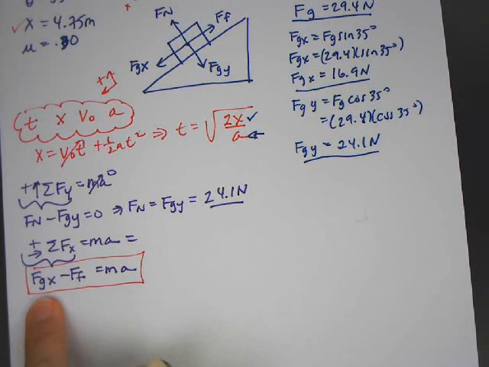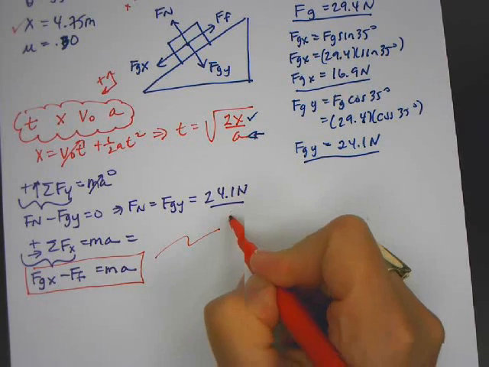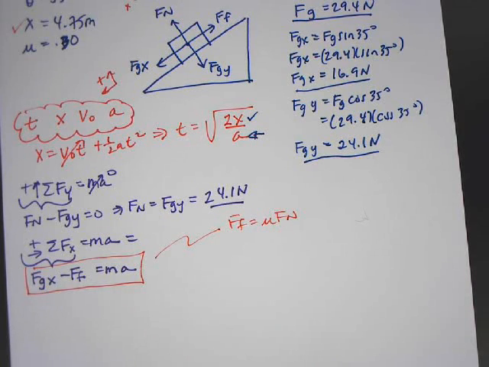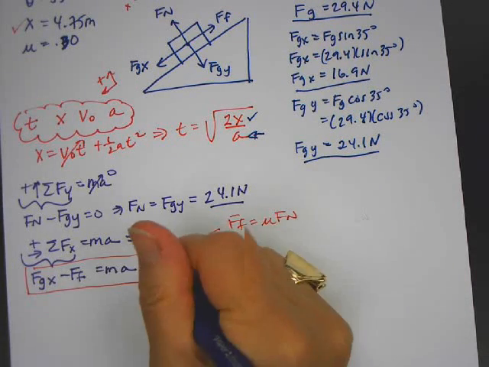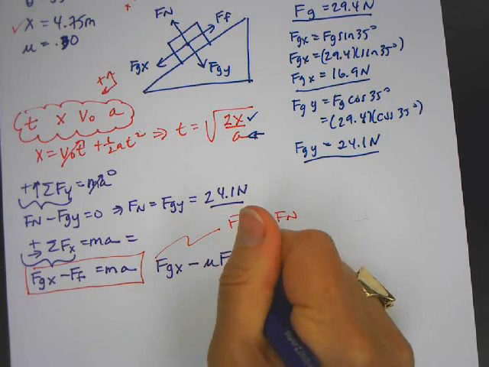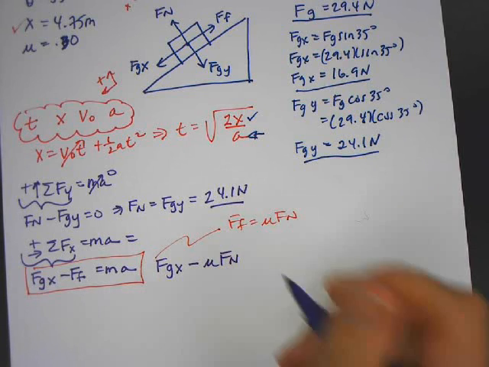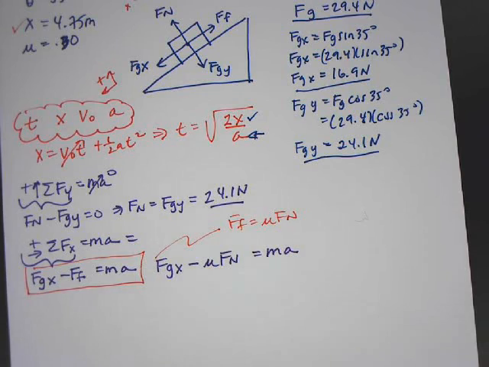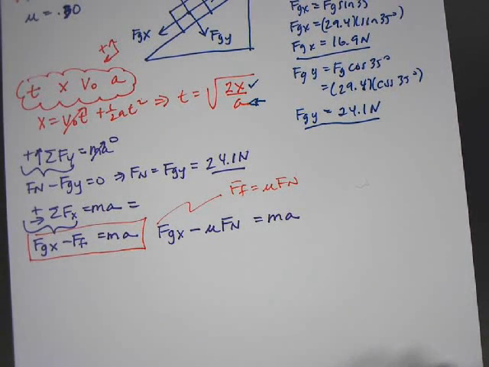So I have FGX, and I don't have Ff, do I? But I do know that Ff is equal to mu times Fn. So now I'll rewrite this, and I'll say FGX minus mu times Fn is equal to ma. I'll go ahead and rearrange that, and then substitute in all my values.